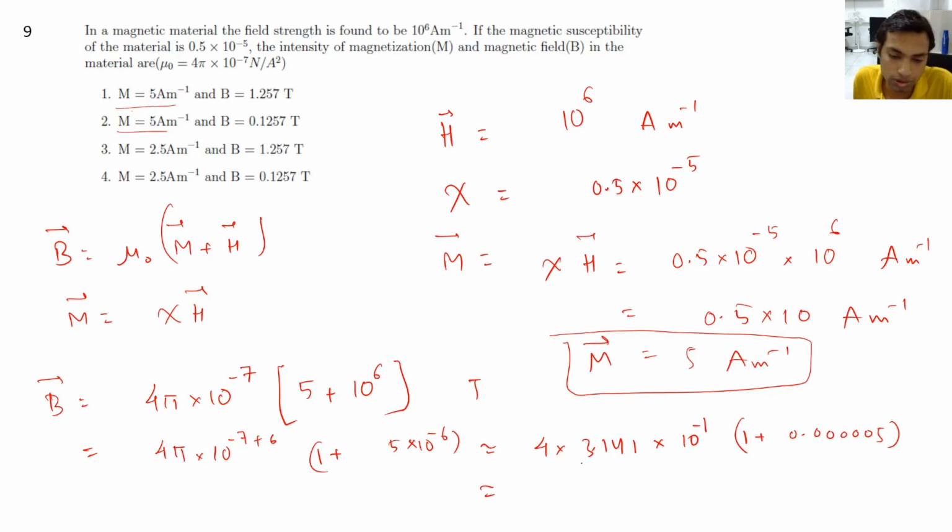So what we have is 12.5654 into 10 to the power minus 1 Tesla, which is 1.2564 Tesla. Or it is approximated as 1.257 Tesla. So this is your correct answer, the first one.